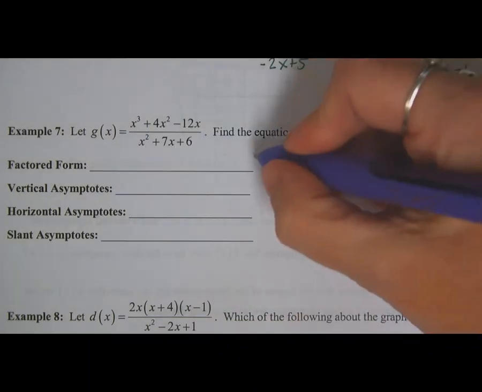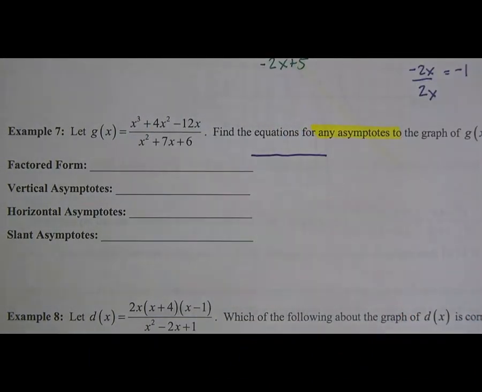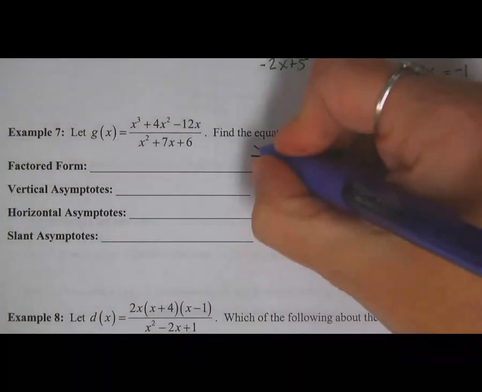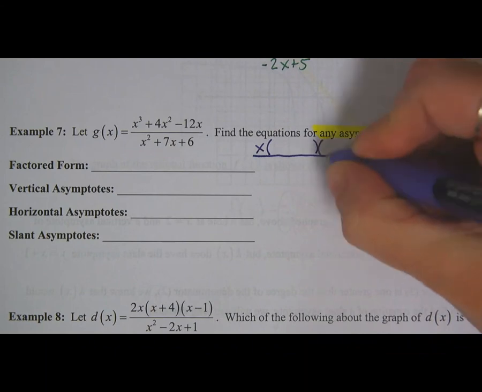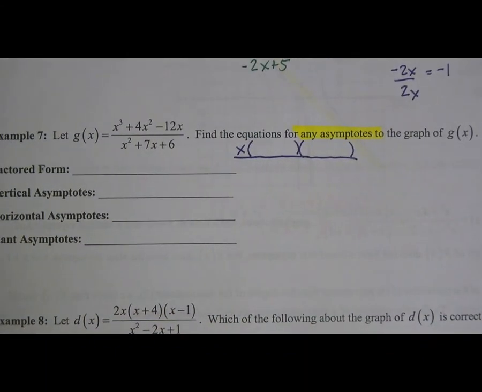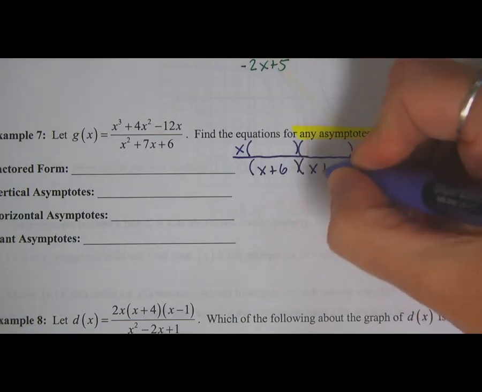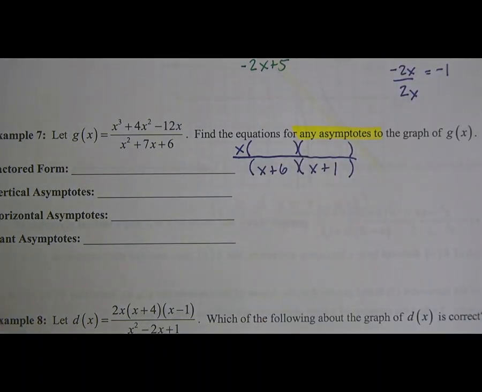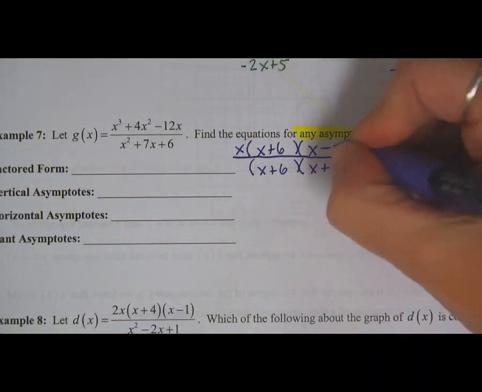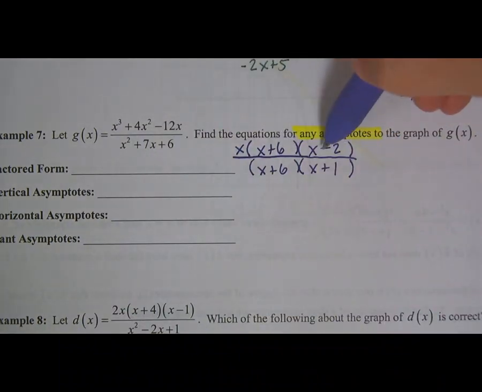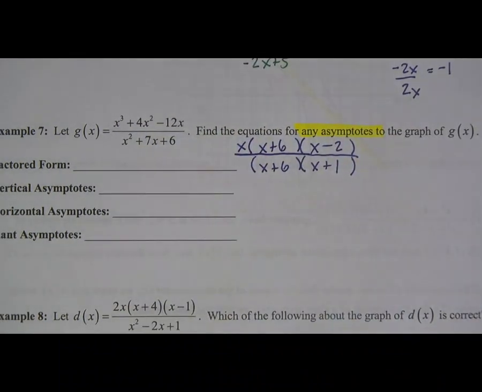Okay, here we go. Factored form. I don't really feel like I have enough room right there, so I'm going to bring it out here. Factor the top and the bottom. Once you've got it factored, you want to move ahead of me, go right ahead.